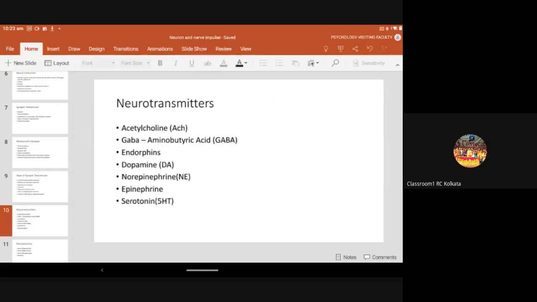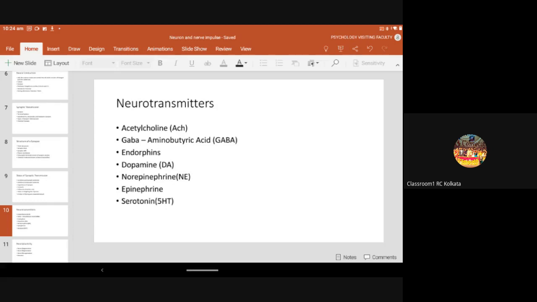The next slide. See, there are some transmitters mentioned here. Now, they are nothing but some chemicals found in the synaptic vesicles, and when released have an effect on the next cell.